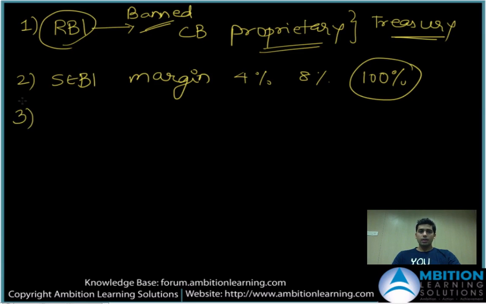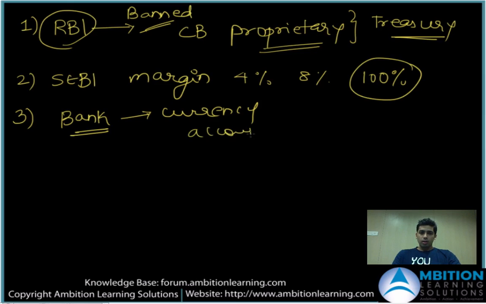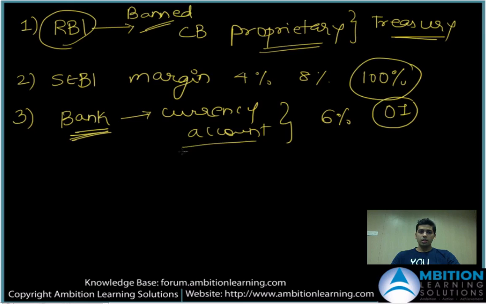The third thing that the RBI did was restrict the banks even for the currency account that they were managing on behalf of their client. The RBI said that banks cannot have more than 6% of position on the total open interest in that particular currency, even if they're managing the account on behalf of their client and not their proprietary account.